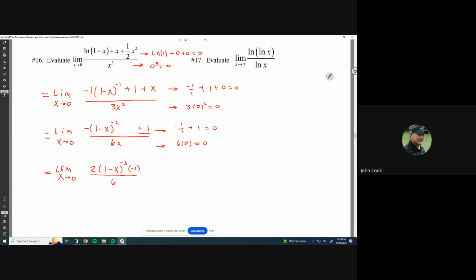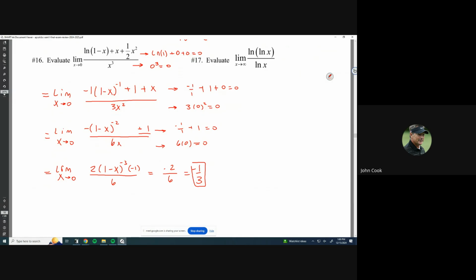Now if we plug in 0, we get 6 in the denominator, so I don't need to do the limit of the top, limit of the bottom anymore. If I plug in 0 for the top, I get 2 times 1 to the negative third, so that's 2, and then times negative 1 is negative 2, which reduces down to negative a third. So it looks like we do get a number at the very end, negative 1/3.